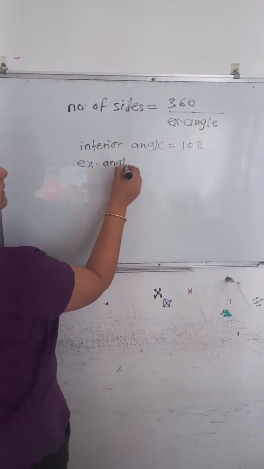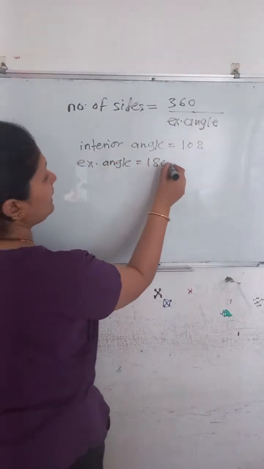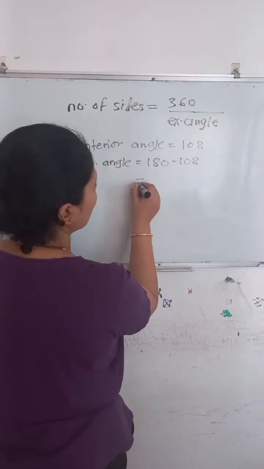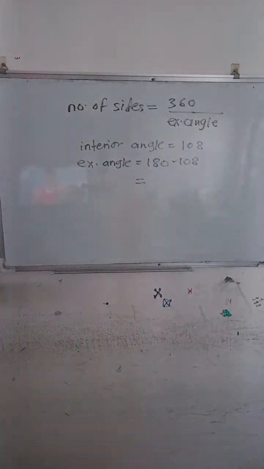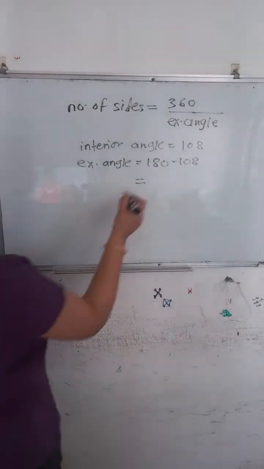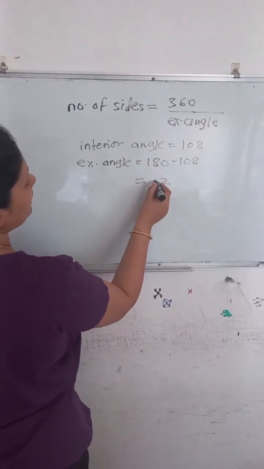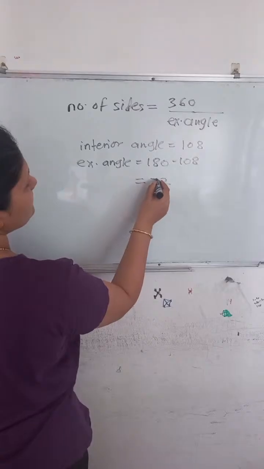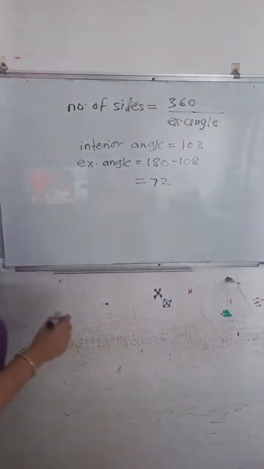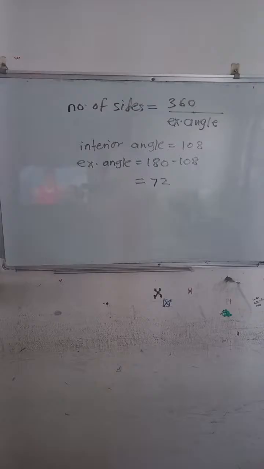Exterior angle is equal to 180 minus 108. 10 minus 8 is 2, and this is 72. So the exterior angle is 72. Understood up to here?